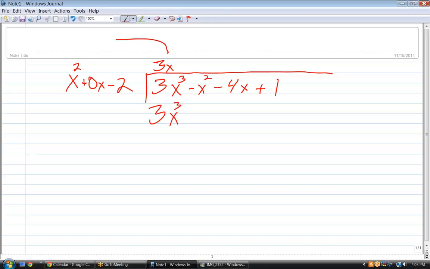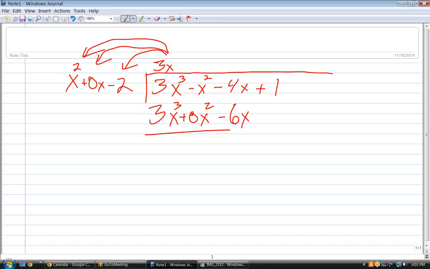We're going to multiply this times that, and then that times that, and that times that. And we're going to line it up left to right. So 3x times this gives you 0x squared. And then we have minus 6x.